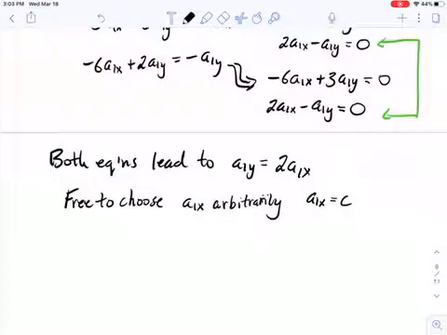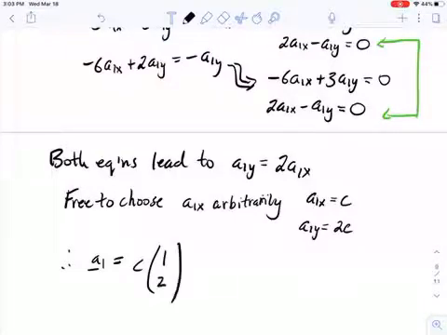Okay, so then that means that A1y is equal to 2c, and we would therefore have that A1 is equal to c times the column vector 1, 2. This is the lambda 1 equals minus 1 case.